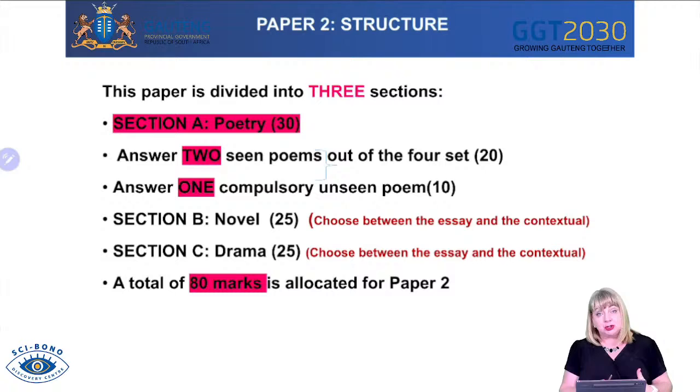Because when you choose, you need to choose the 2 that you think you are best equipped to answer. And so very often what might happen is a slightly more difficult poem might have more accessible questions. But because you said to yourself, oh, that poem is difficult, you didn't take the time to read the questions, and you may then miss out on an opportunity to answer more accessible questions.